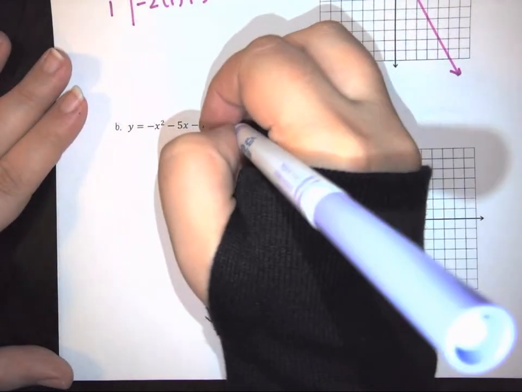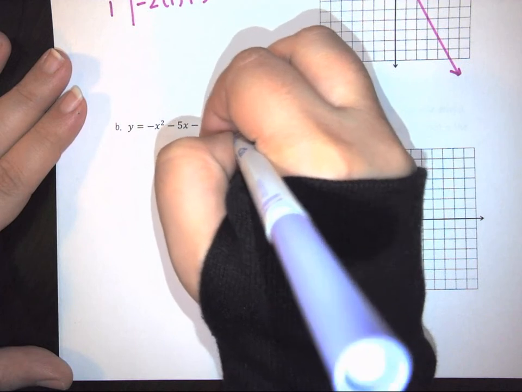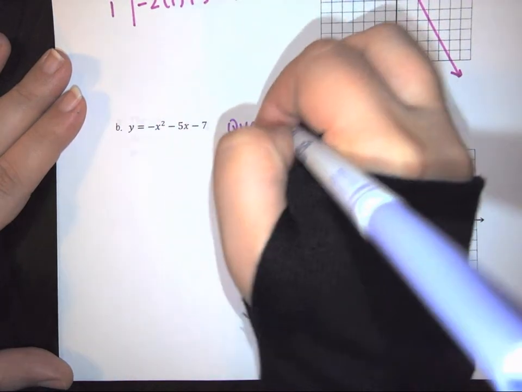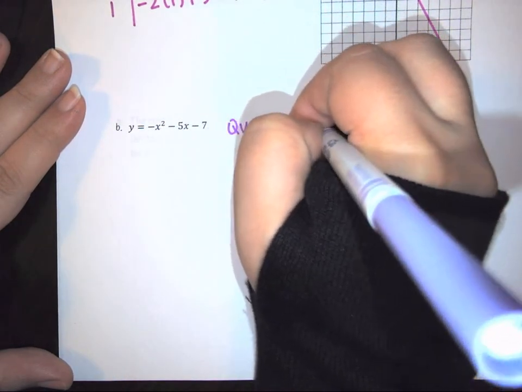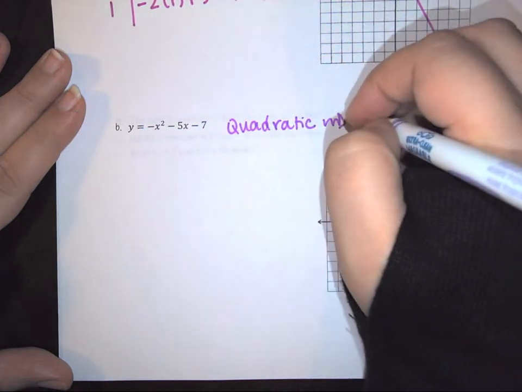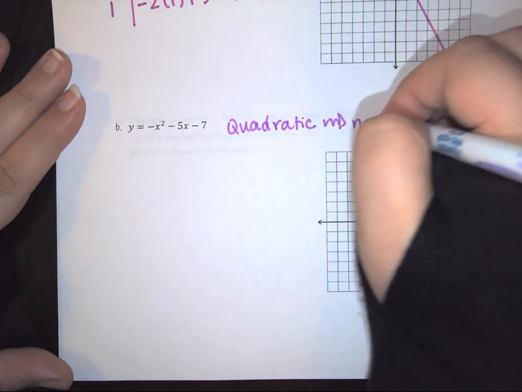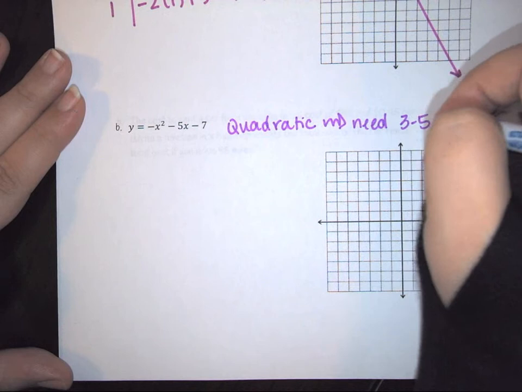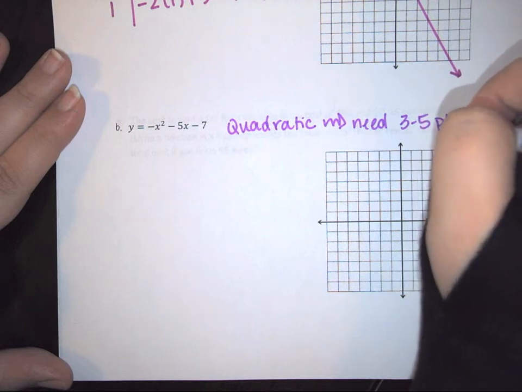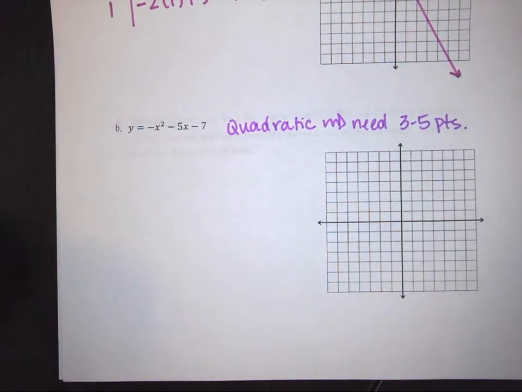Okay, so when we're looking at quadratics, we are looking at needing 3 to 5 points in order to graph. Now, as I was saying, I personally like 5, but the biggest thing that you're looking for when you're graphing with your points is a change in direction.